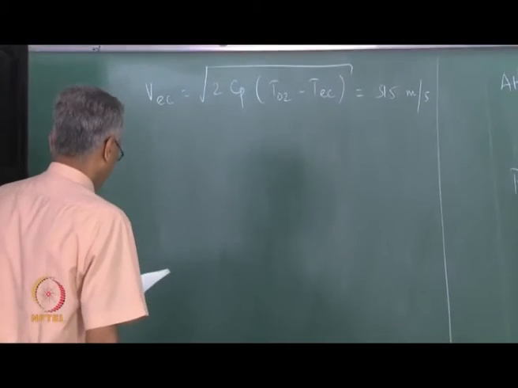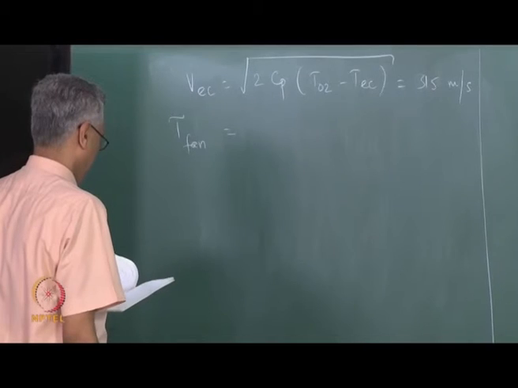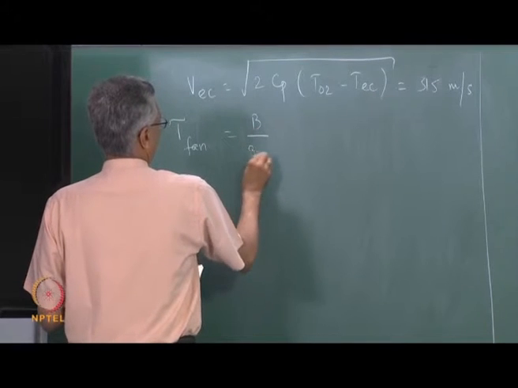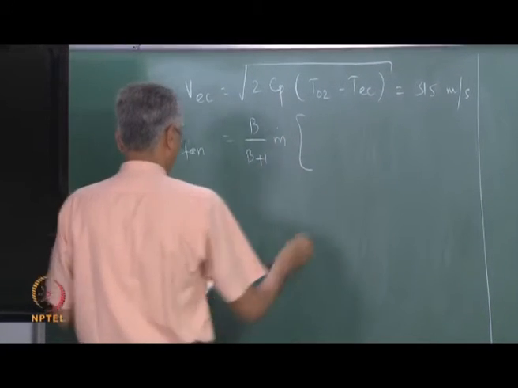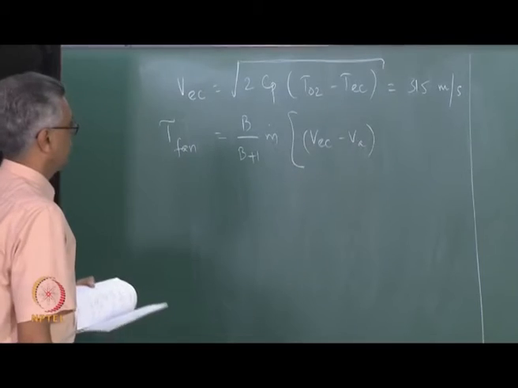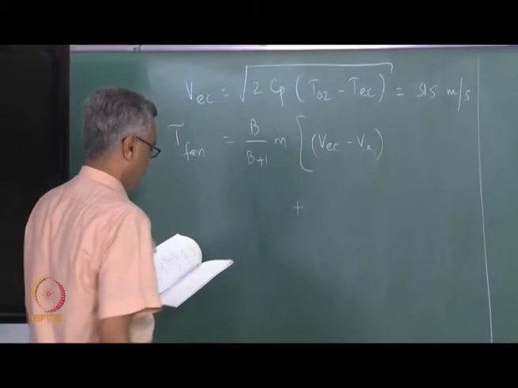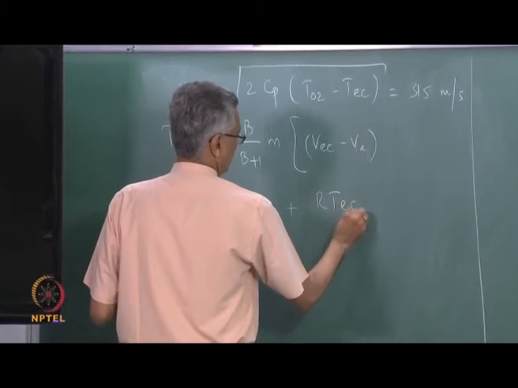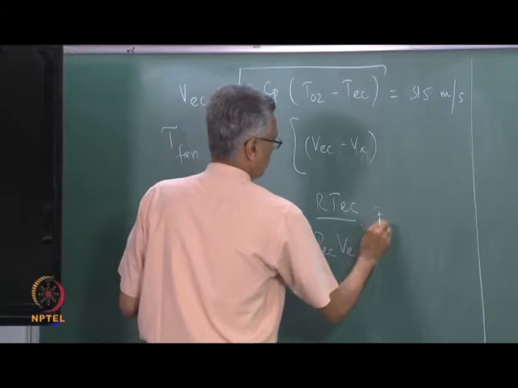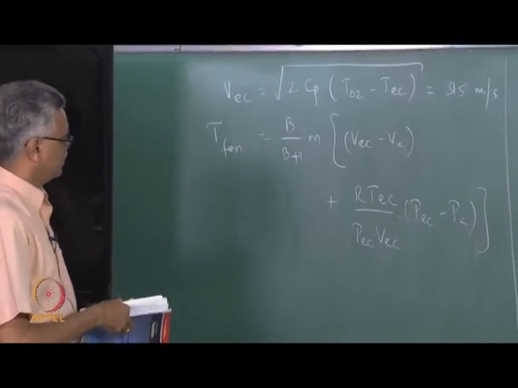Okay. Now, the thrust from the fan stream can be written as: so this is the momentum thrust plus the pressure thrust, which is nothing but, so the second term is the pressure thrust.